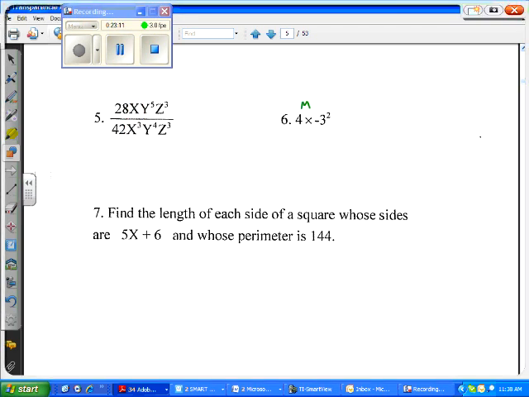All right, number 6. Number 6 is an order of operations situation. We have a multiplication and we have an exponent. Order of operations says that you would do the exponent first. So we would do this first. So we're going to have 4 times something.